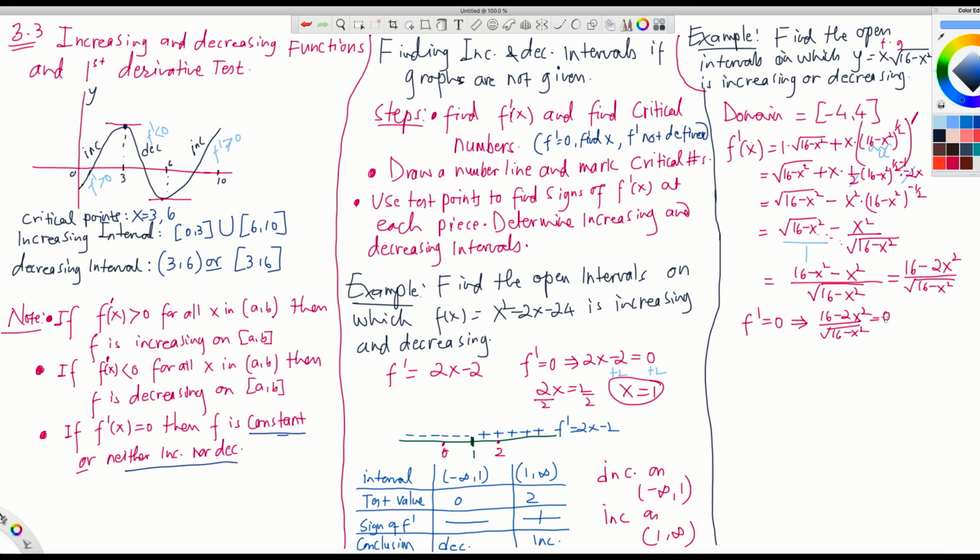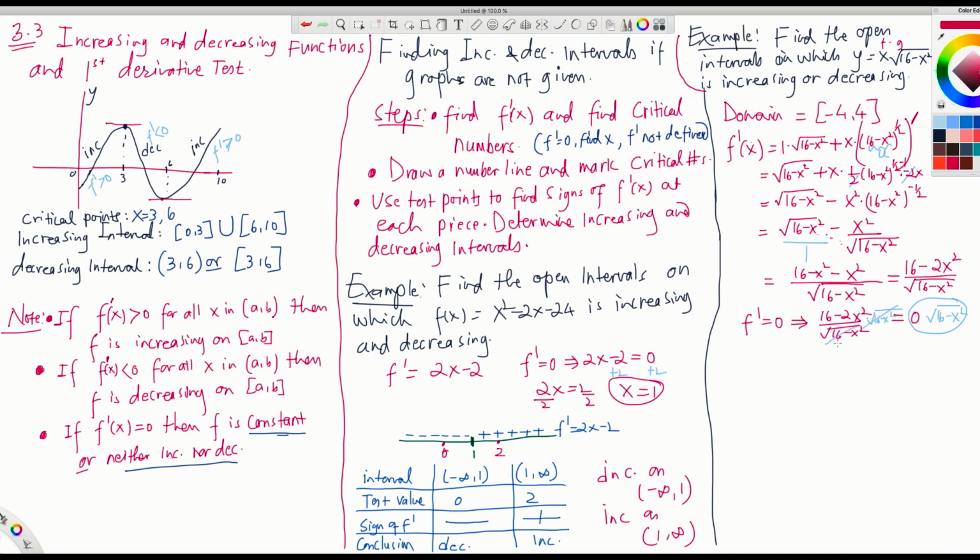So what you do here is multiply by the root of 16 minus x squared, so the whole thing will be 0. That and that cancel out.